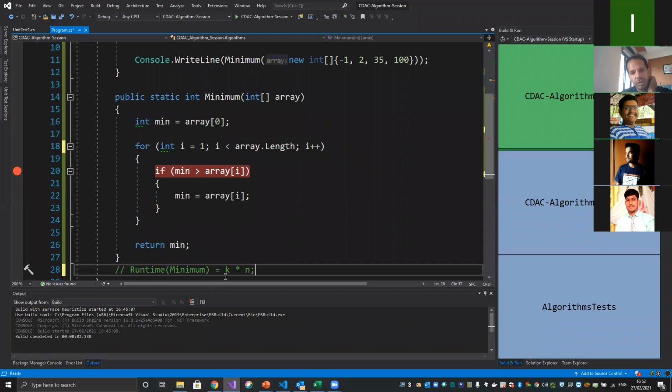And what is n? n is the number of elements in the array, and k is a constant, which means if you look at this graph, it's going to be a straight line with varied slope. As k changes, the slope would keep changing. So if I can draw something very quickly.